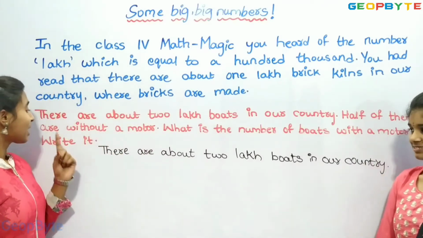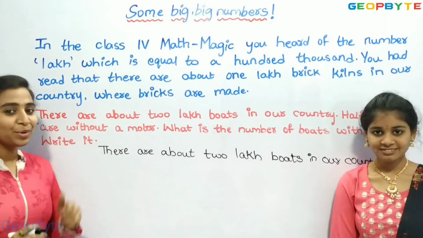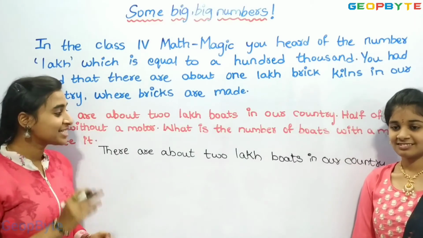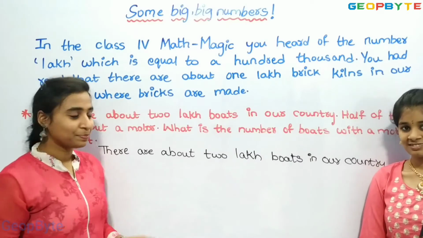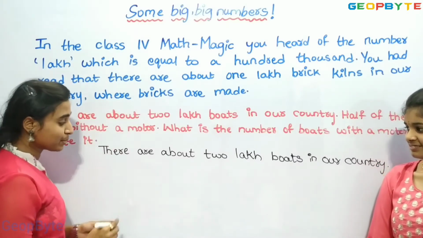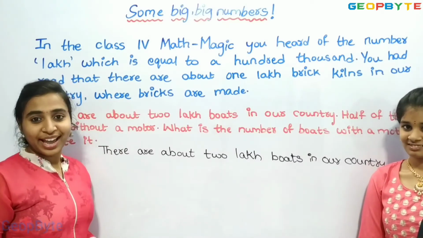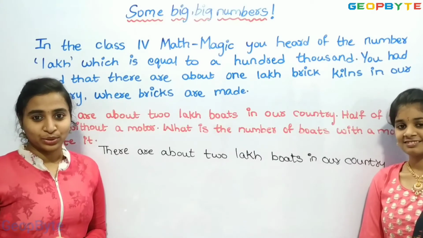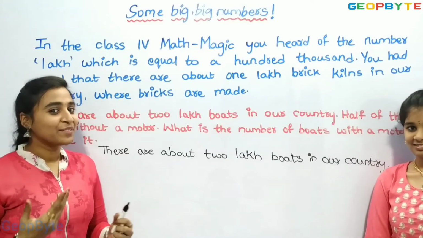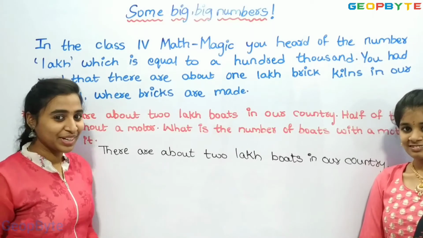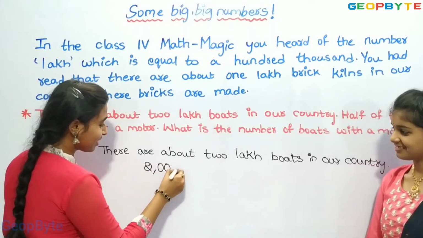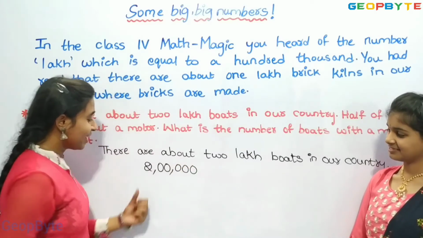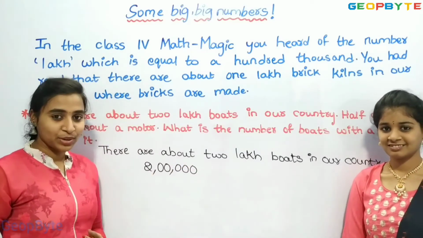Half of them are without a motor. Half means we need to divide the number with 2. So, 2 lakhs means, children, for a lakh we will have 5 zeros. For 2 lakhs we will have 5 zeros only. So, 2 lakh, 2 and 5 zeros.